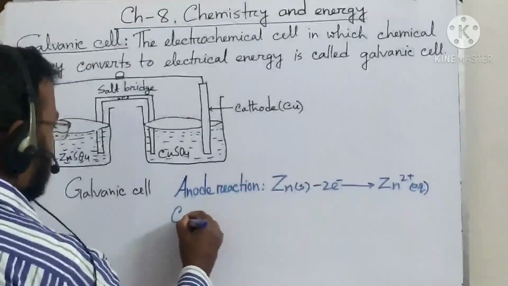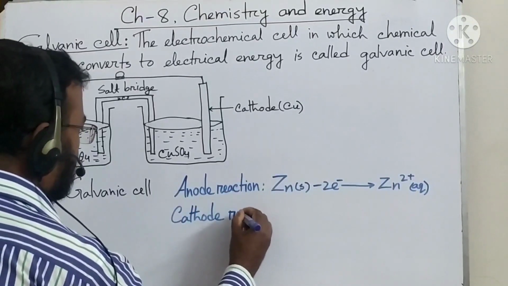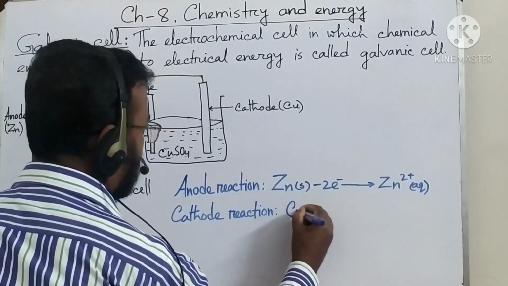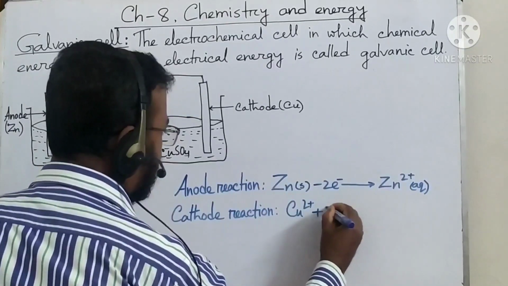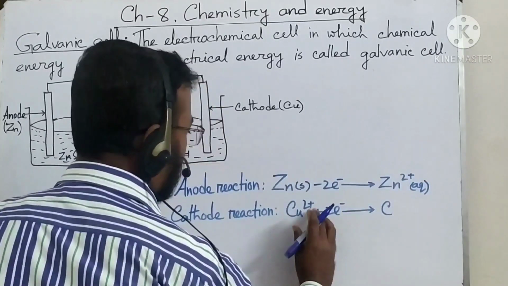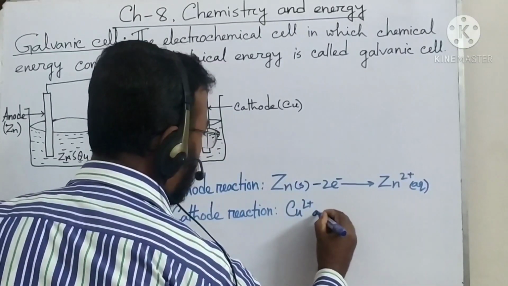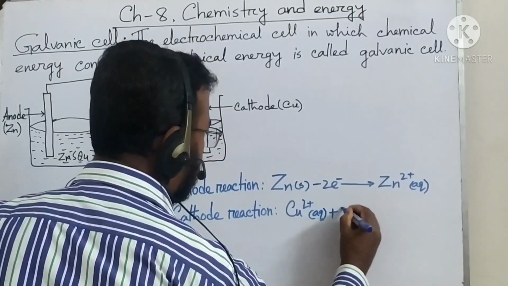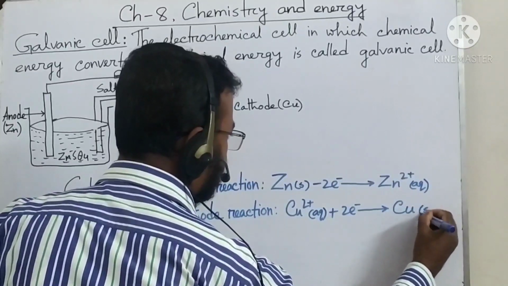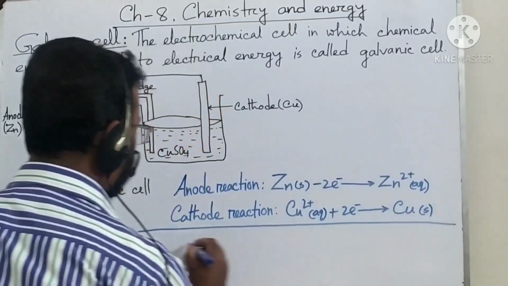Then cathode reaction. Copper 2 plus ion, it is aqueous, receives 2 electrons to form copper solid.